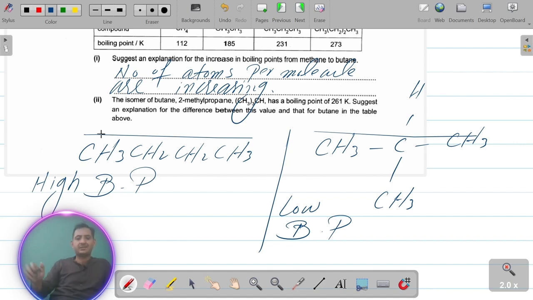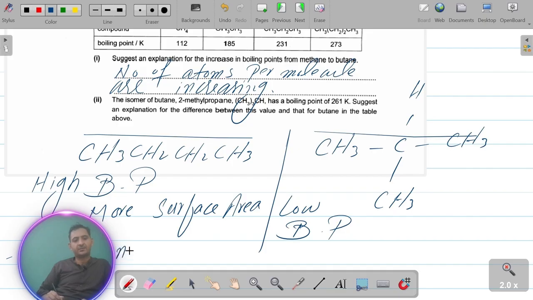In a straight chain, the surface area is higher, with more connectivity of atoms. That is the reason they have a higher boiling point, but the other has a low boiling point.